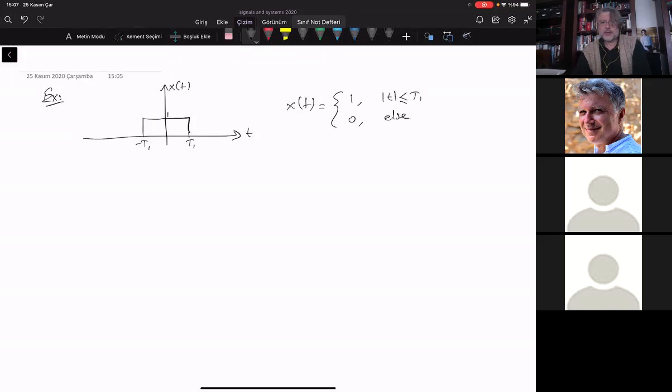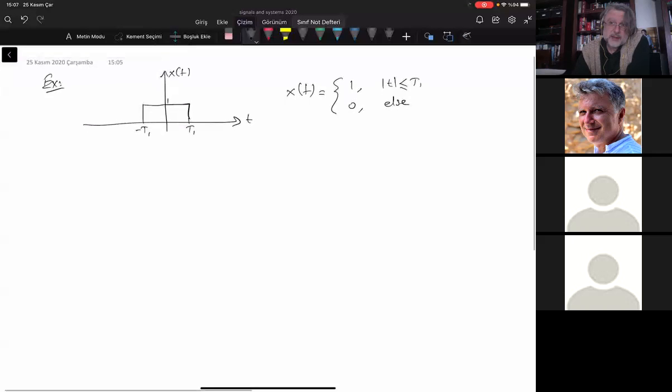So what's the Fourier transform of this one? I will immediately jump to the conclusion. I will not go into the details of the integration because the result is more important for this case. The Fourier transform is x of j omega, the integral from minus infinity to infinity of x of t e to the minus j omega t dt.